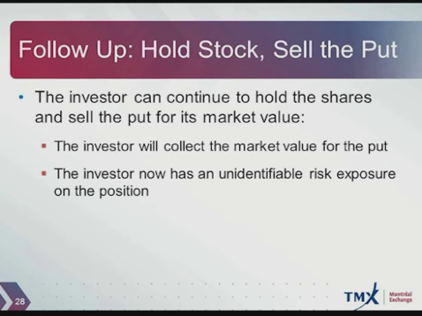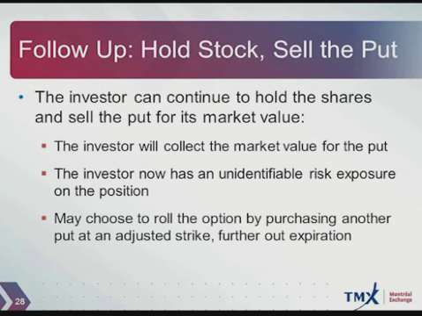As soon as you sell that put back to the market, you do collect the market value for the put, but you have an unlimited risk exposure on the position. Once you get rid of that put option, you now just sit there like any ordinary shareholder, and if the shares continue to drop in value, then you're going to be subjected to those losses.